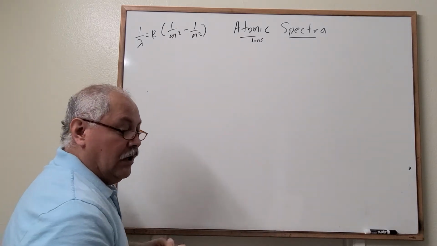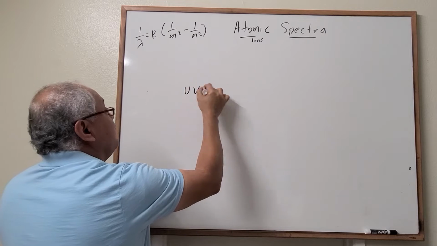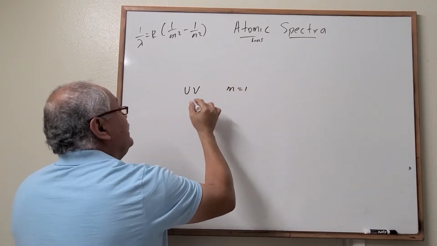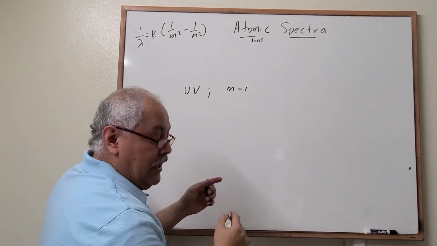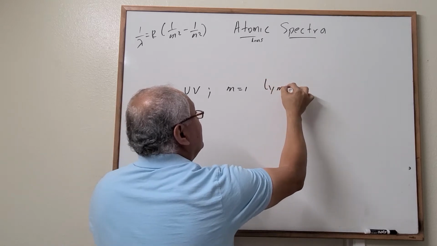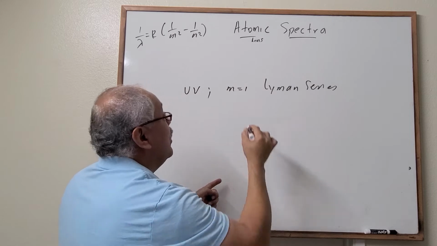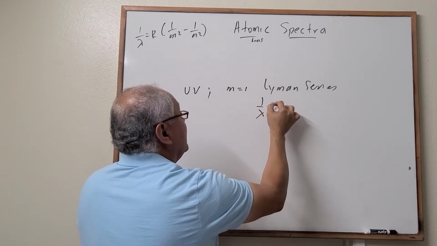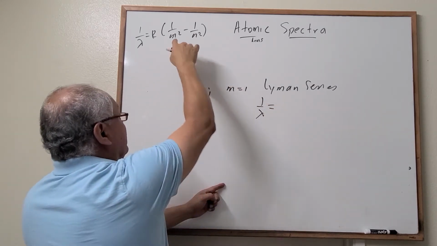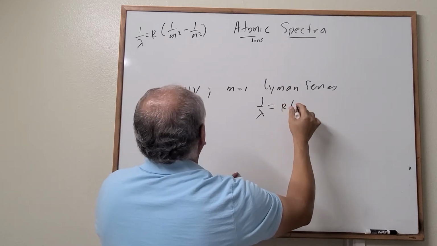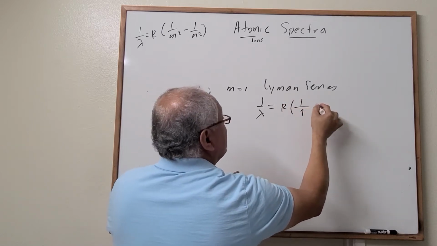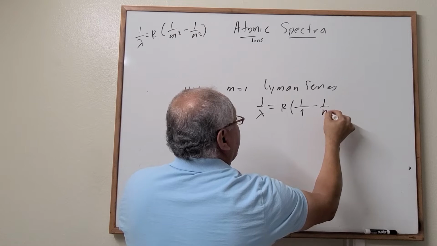For example, for ultraviolet, m is equals to 1, correct? And this is called the Lyman series. And this is 1 over lambda is equals to, just substitute the value right here, R, correct, times 1 over 1 minus 1 over n squared.